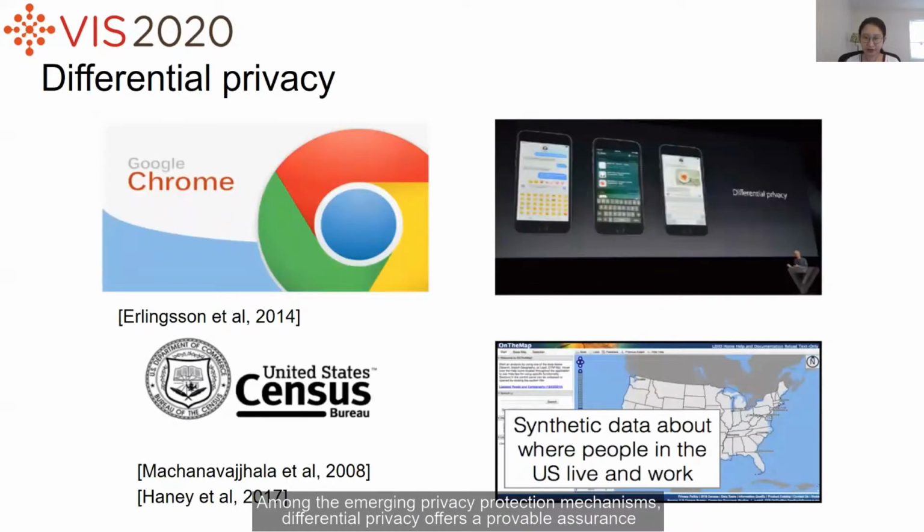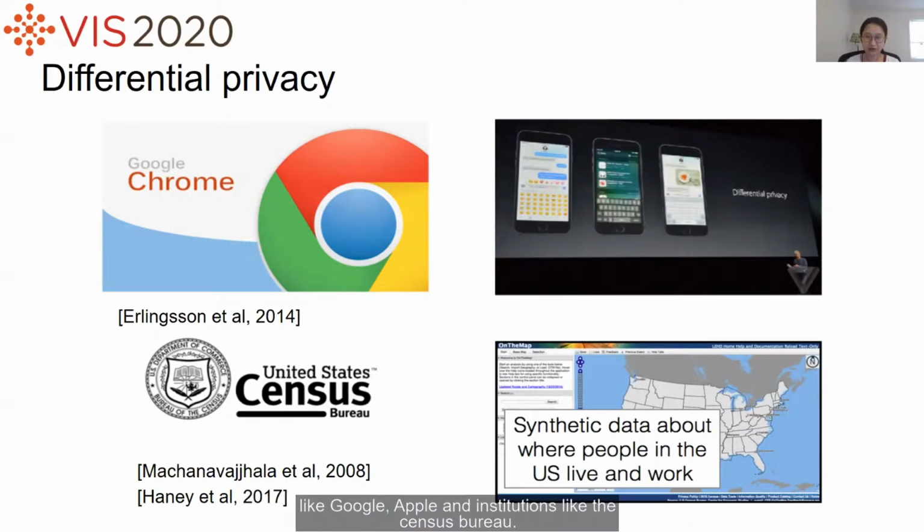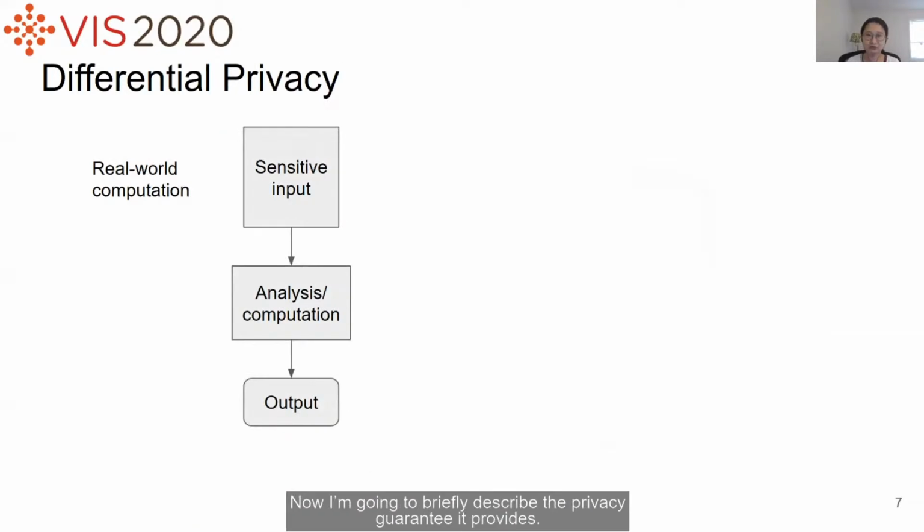Among the emerging privacy protection mechanisms, differential privacy offers a provable assurance to individuals. It has become the dominant model in the research community and has been adopted by large companies like Google, Apple, and institutions like the Census Bureau. Now, I'm going to briefly describe the privacy guarantee it provides.